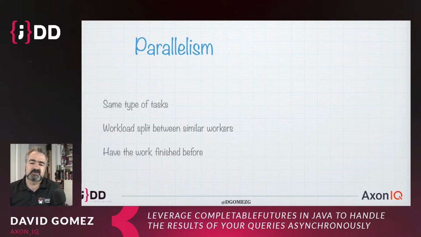Basically, parallelism, probably we are more used to that. Parallelism means that we have a workload, and this workload is composed of a lot of small tasks, or we could divide that workload into smaller tasks. But basically, those tasks are always the same and are homogeneous, and they will be worked the same way.